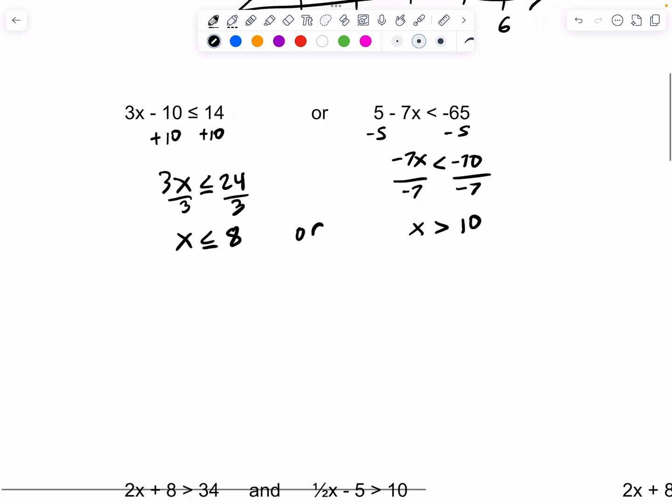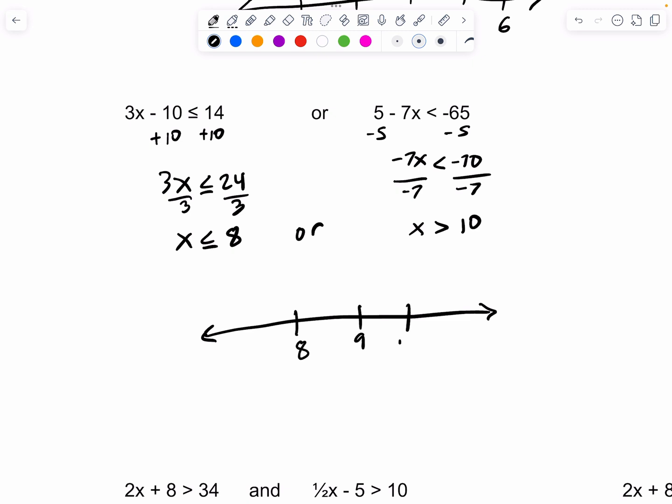Okay. So here we have a number line. Let's put 8, 9, 10, and then do another number outside of this. We have numbers that are less than 8 or equal to. So I'm going to close in that circle, head off in that direction.